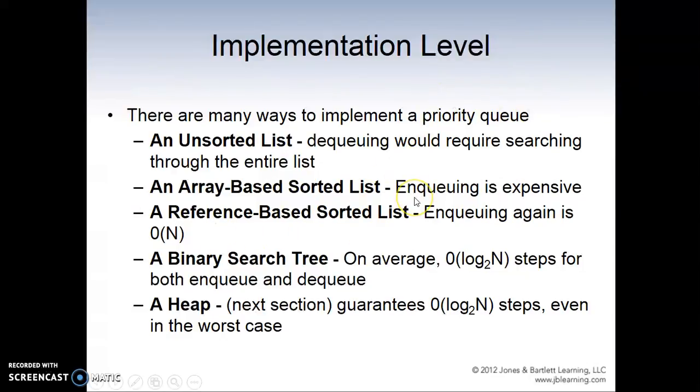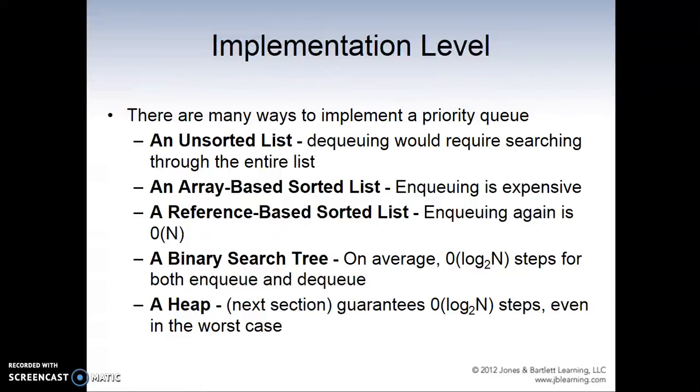An array-based sorted list is also very expensive for enqueuing, because whenever you enqueue, you have to find a location since it's a sorted list. Now you have to insert in between and shift the rest. This is so expensive. This is linear time.